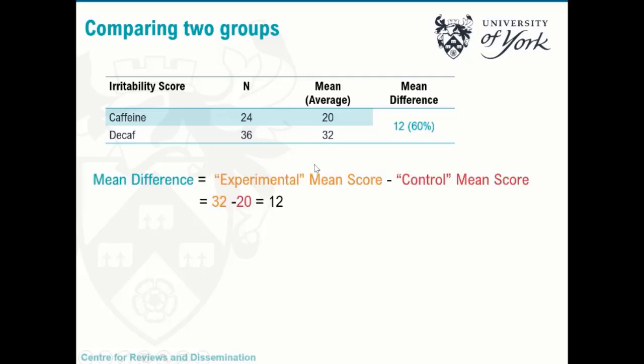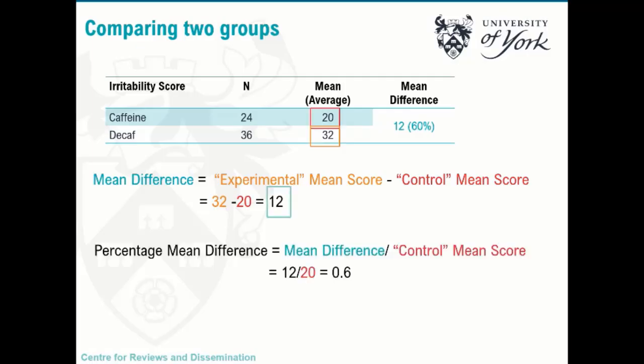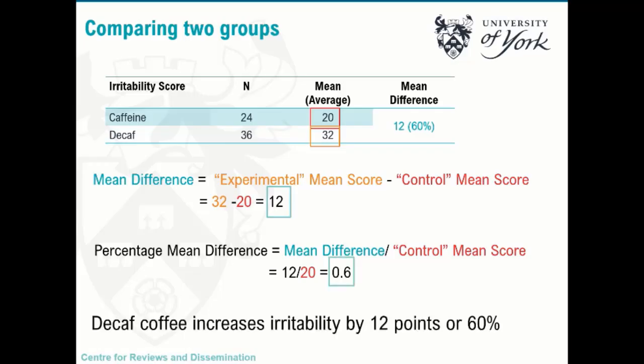The mean difference is defined as the experimental mean score minus the control mean score, which is 32 minus 20, which is equal to 12. We can also calculate the percentage mean difference, which is the mean difference divided by the control mean score, which can be calculated to be 12 over 20, which is 0.6. We can say that decaf coffee increases irritability by 12 points, or 60%.